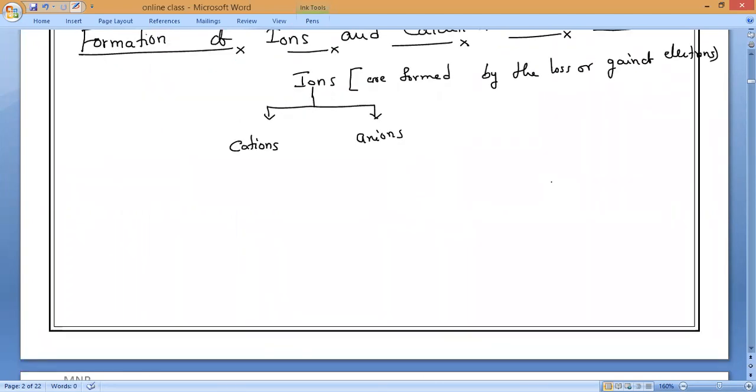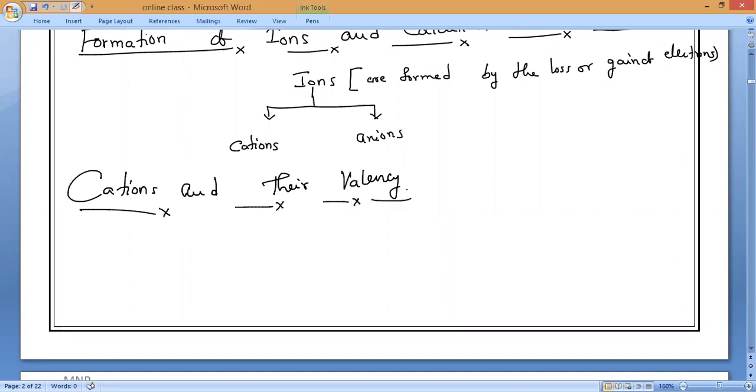Okay, so let us take the first kind of ions. What is the first kind of ions, everybody? Cations. Very, very important in class 10. Remember, cations and their valency. So shall we start now?